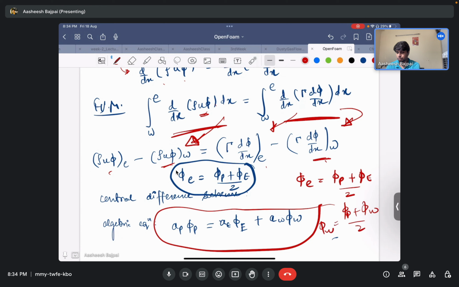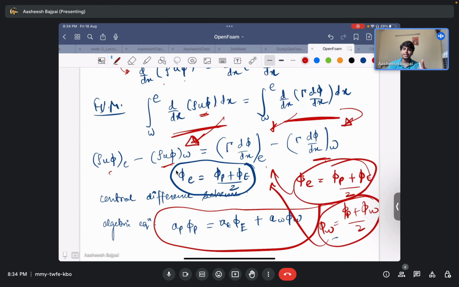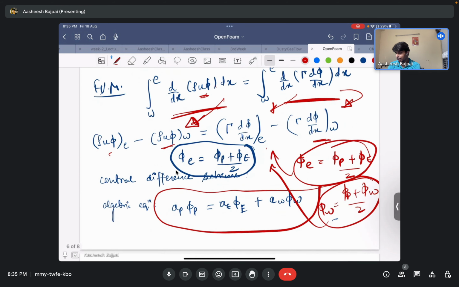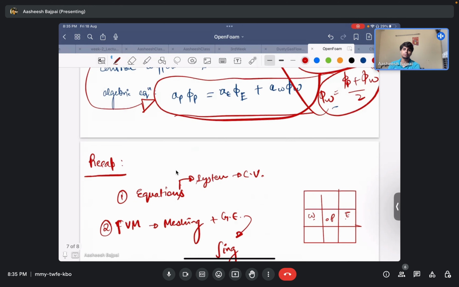So these two approximations I will apply here. These are the first approximations. Later I will tell you other approximations, in which linear averages are not considered. But these are the first type of approximations, and similarly we will come down to the similar equation, and we can solve it.